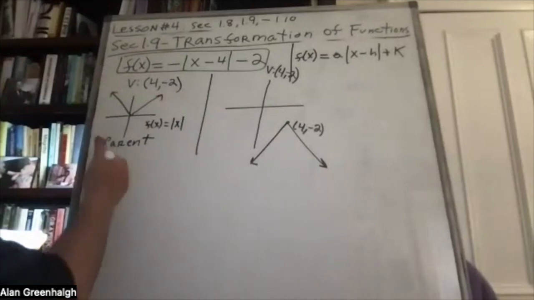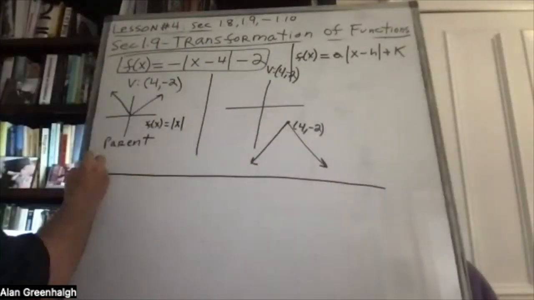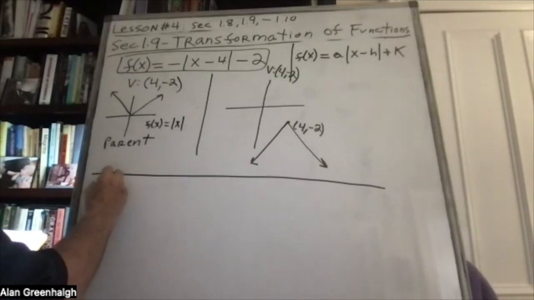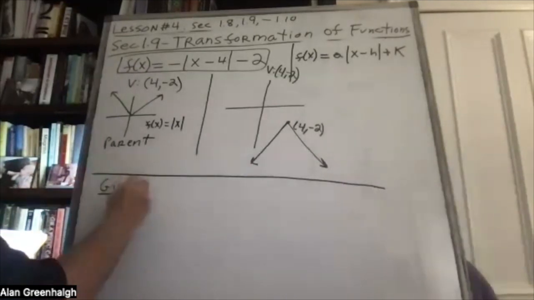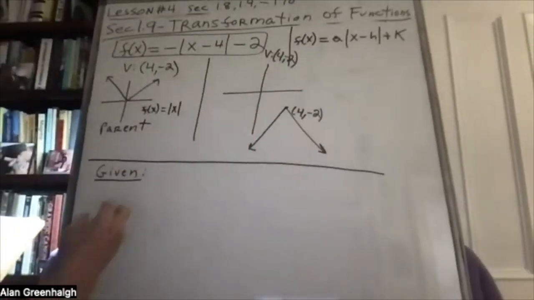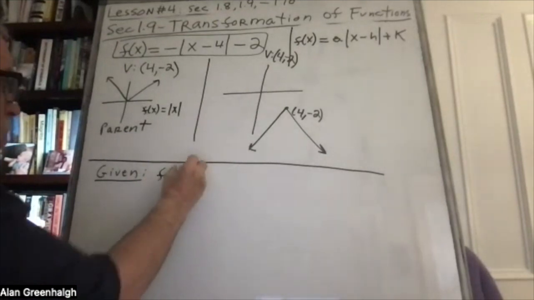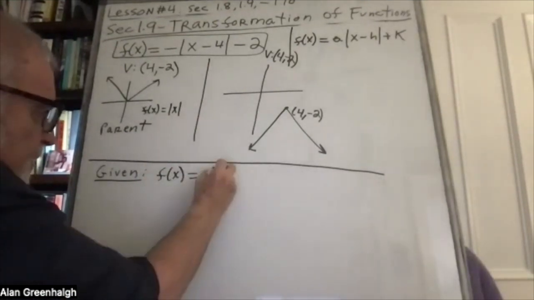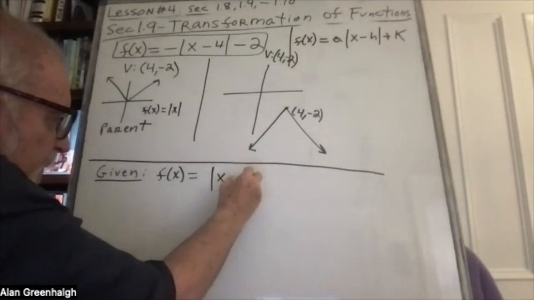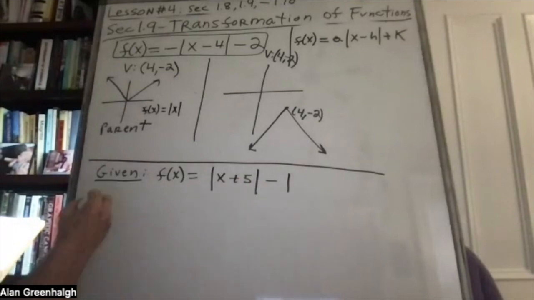Okay, so I would like to give you a problem to try. Given that f of x is equal to the absolute value of x plus 5, minus 1, I'd like you to do the following.